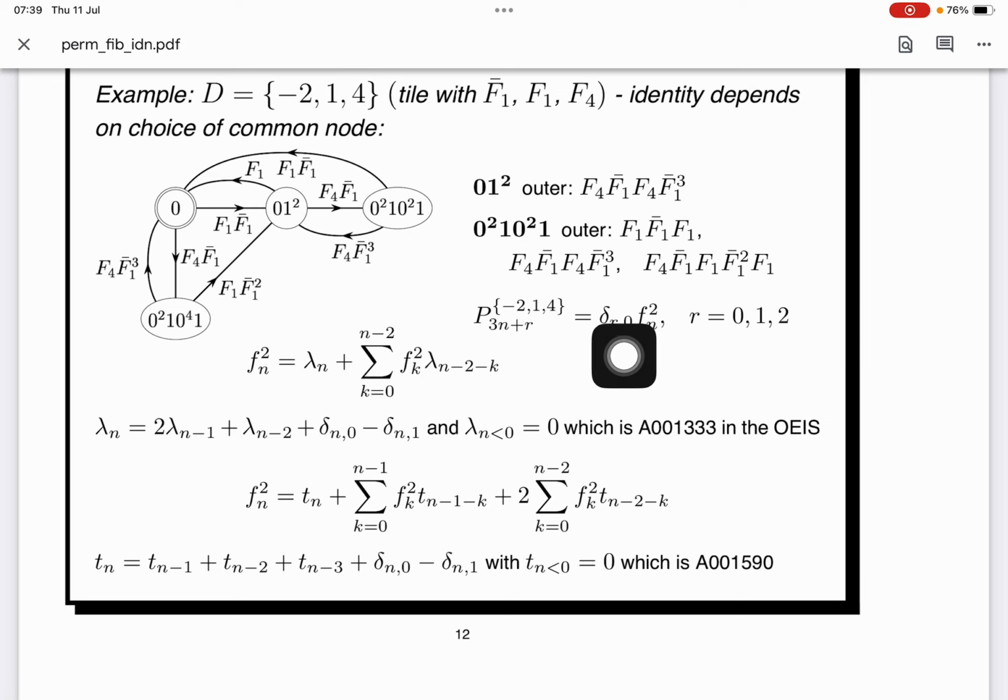Because things are zero apart from when n is 0 modulo 3, things actually simplify a bit, and we end up with these relations for the Fibonacci squares. In the first case, relating them to something a bit like the Pell numbers, and the second case relating them to something like the Fibonacci numbers.